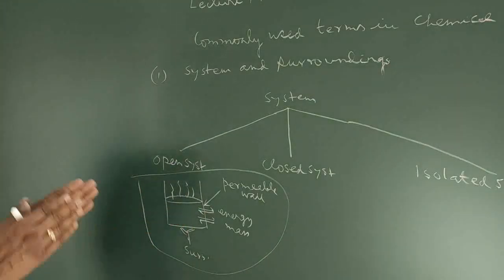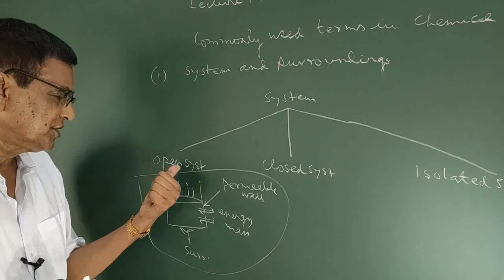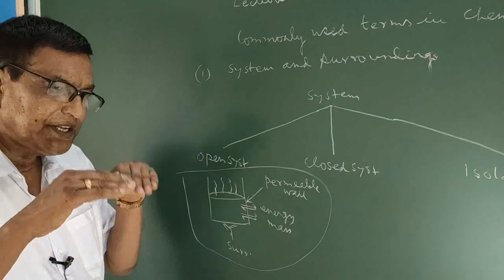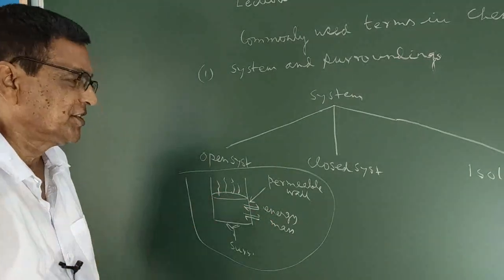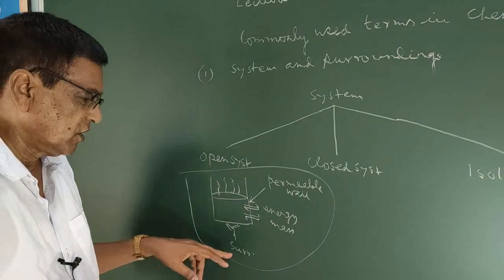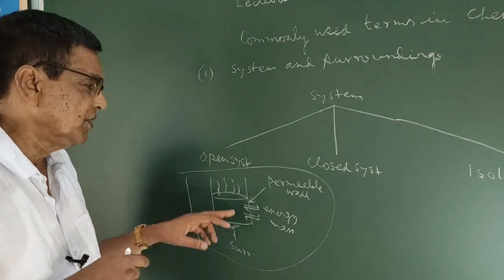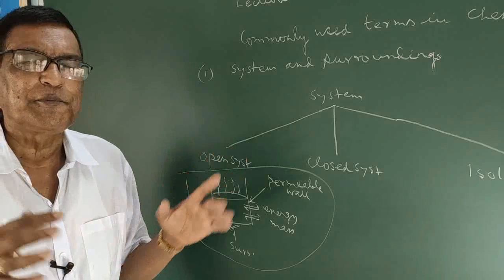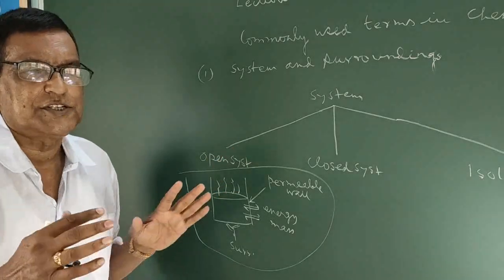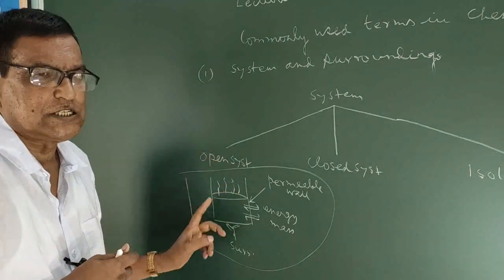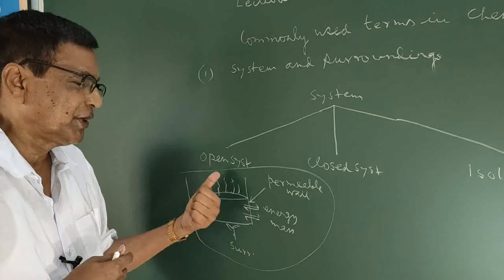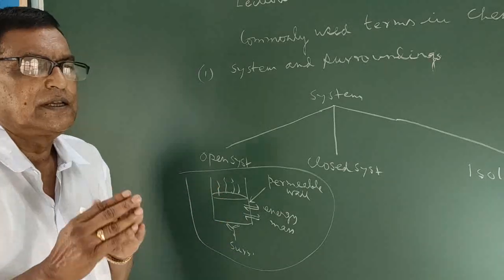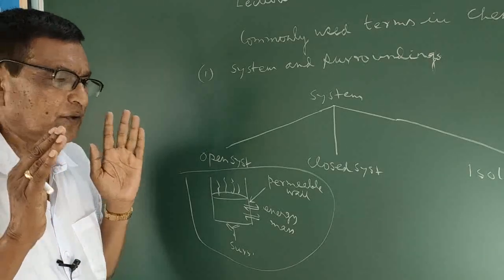So in this case, the interaction of the system with the surrounding is maximum. Intense interaction is there. Any effect of the surroundings certainly will affect the open system. Human body, for example, is the best example of this open system. So to keep this human body well, we shall have to keep this surrounding quite well.